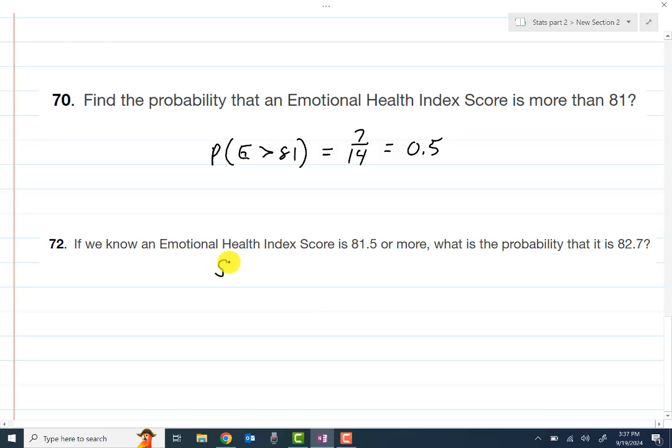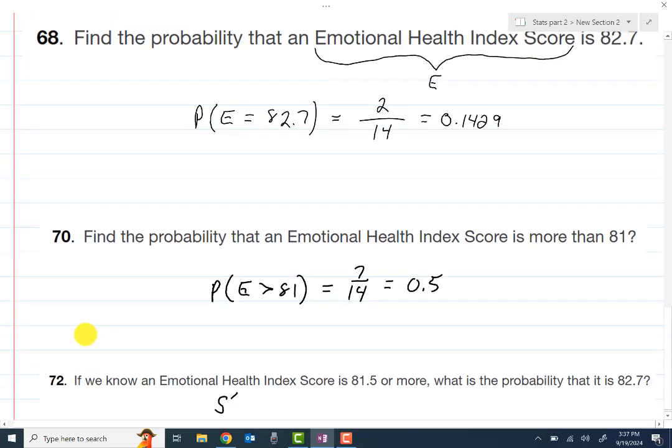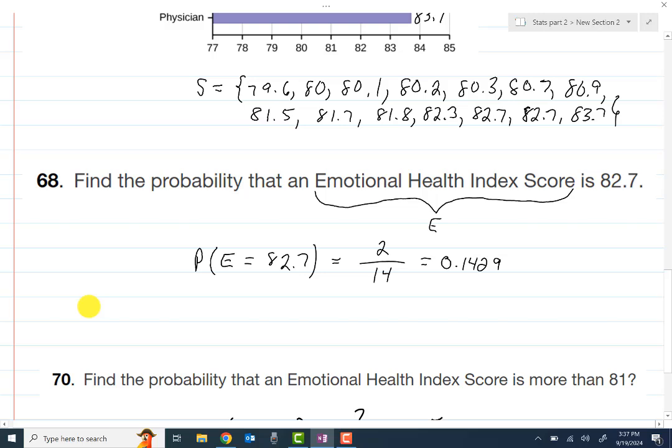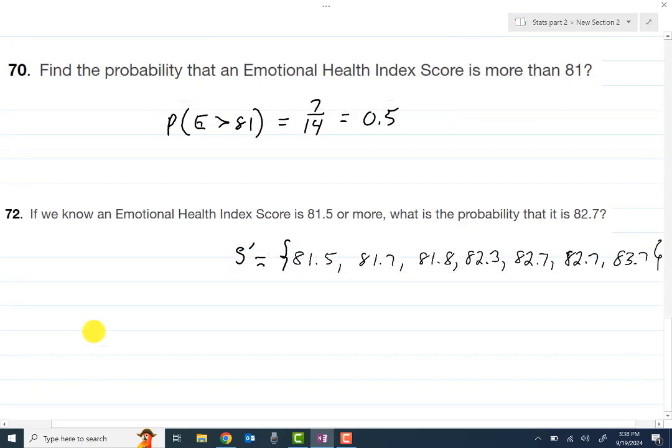I'm going to write S prime. This is like a sample space, but it's an adjusted sample space. It's a sample space that is going to take into account just these items here. All right, so I've only got 7 items here: 1, 2, 3, 4, 5, 6, 7. Now the probability that E will equal 82.7 is 2 of those out of a total of only 7 choices this time.